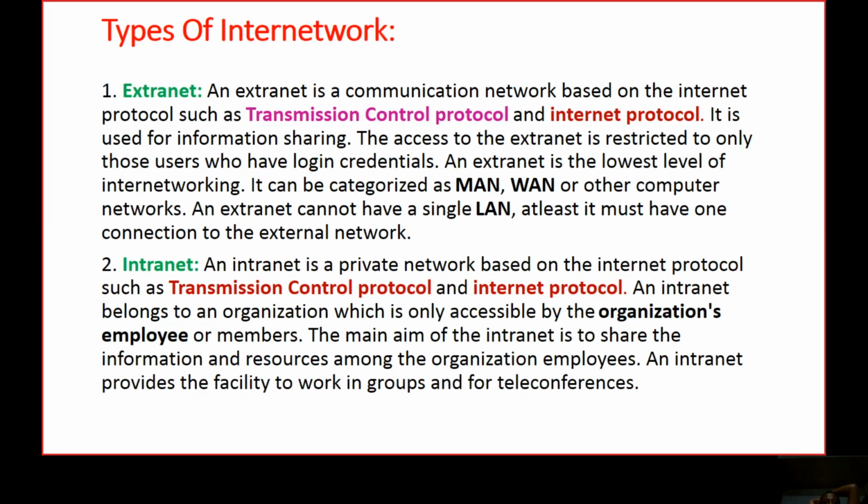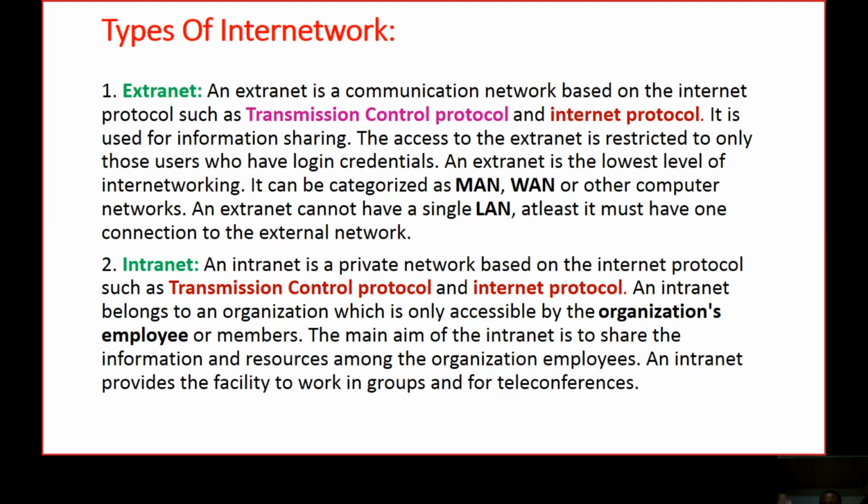Types of internetwork. We have two types of internetwork: extranet and intranet. An extranet is a communication network based on the internet protocol, such as Transmission Control Protocol and Internet Protocol. It is used for information sharing.